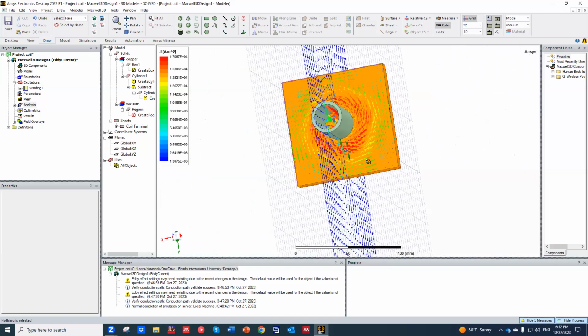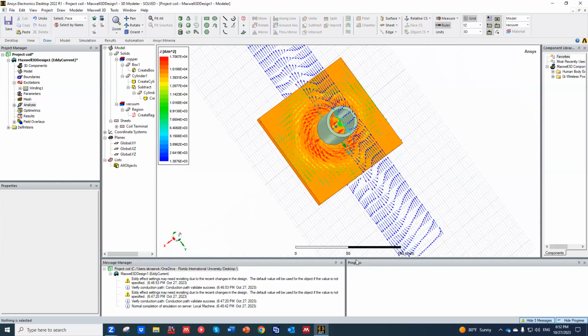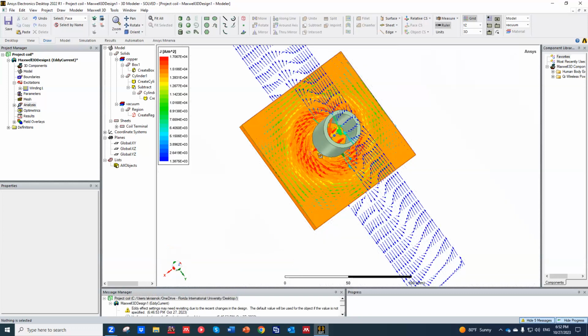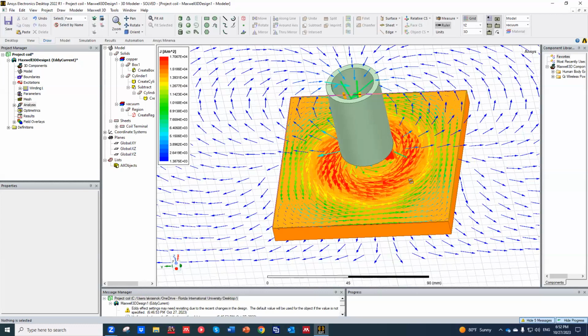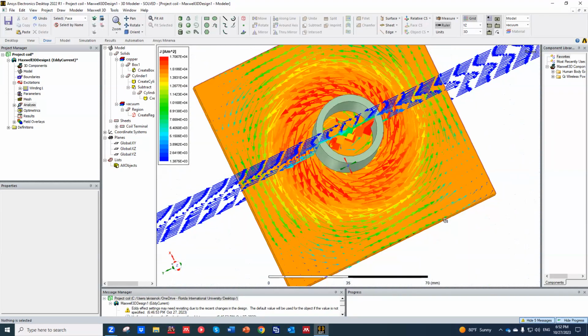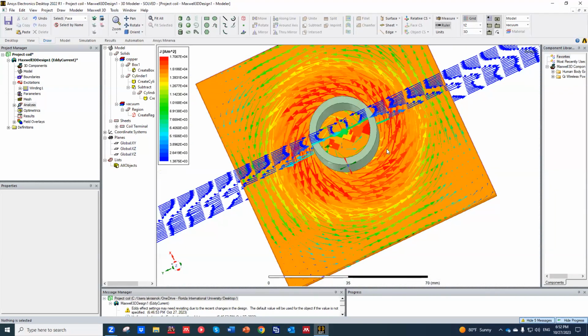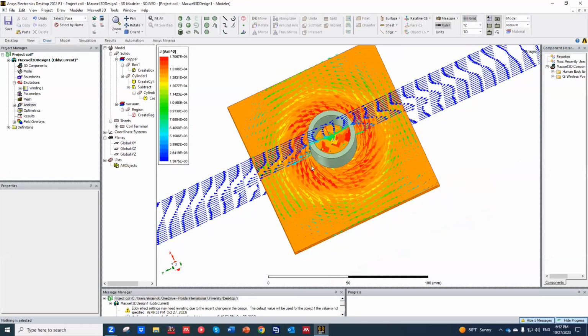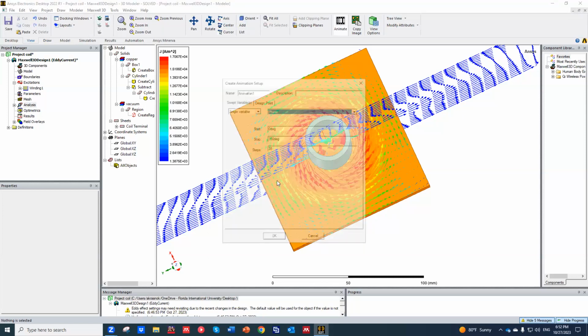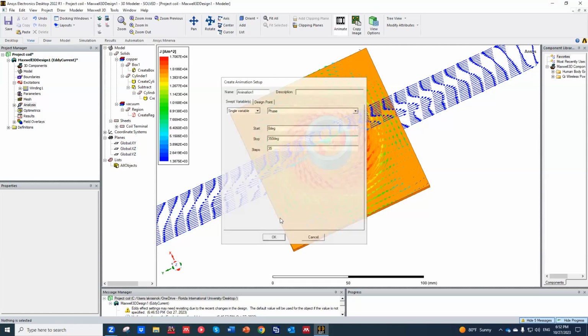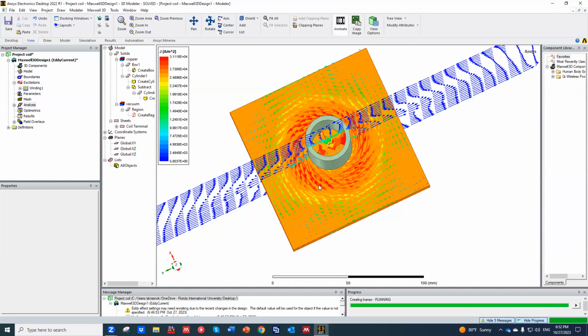Okay, so this is the vector distribution of the eddy current at the surface of the metallic slab, as you can see. So this is static now because it is a time instant. I can go to the view and click animate, select vector or the current, doesn't matter, and run the animation.